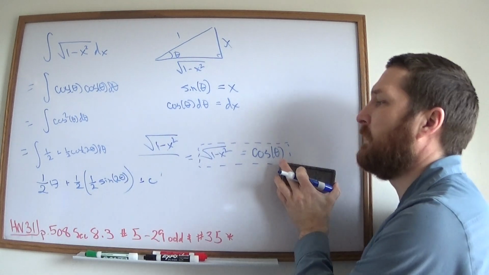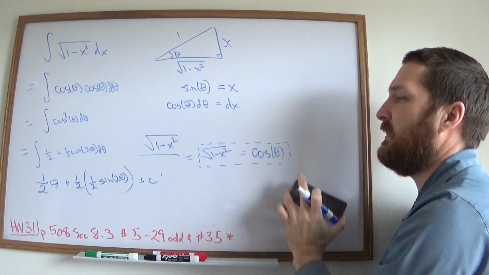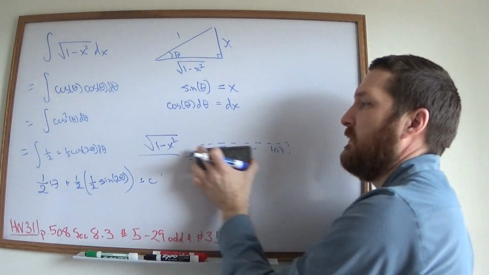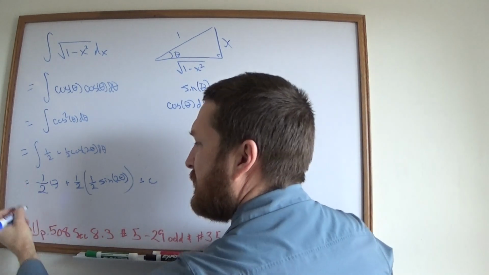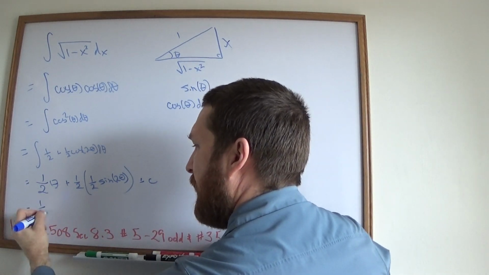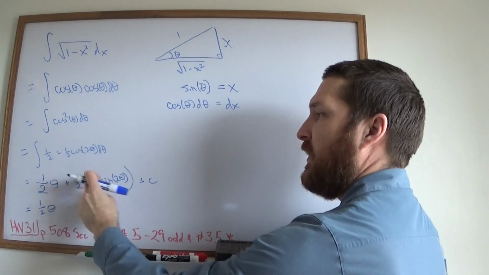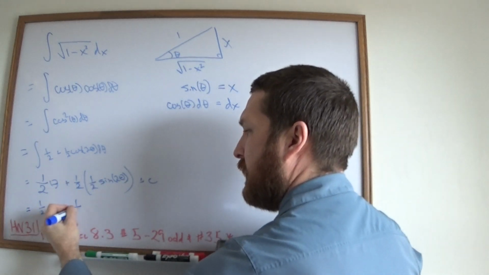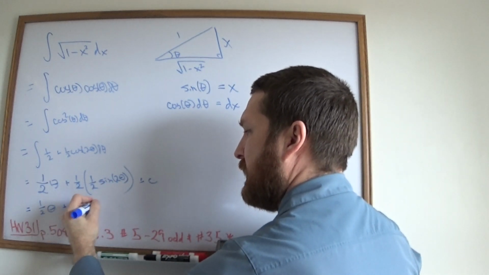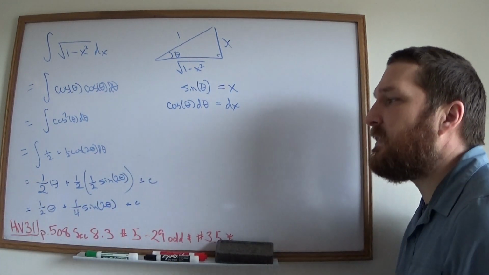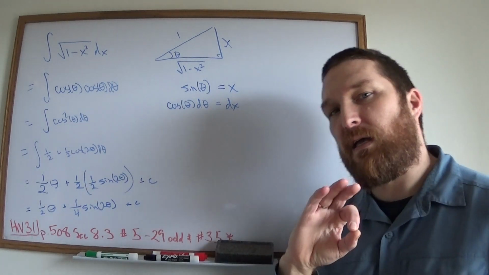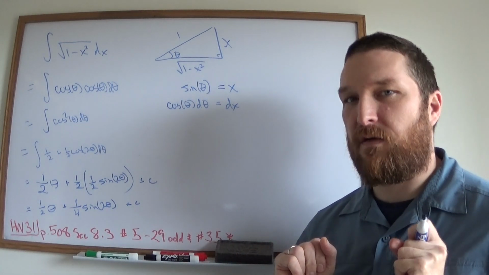Now let's clean this up a little bit. Here's 1/2 theta. 1/2 and a half is a quarter, a quarter sine 2 theta. And this is where I think doing it the book's way really gives people a hard time.